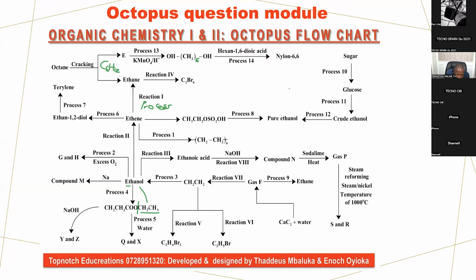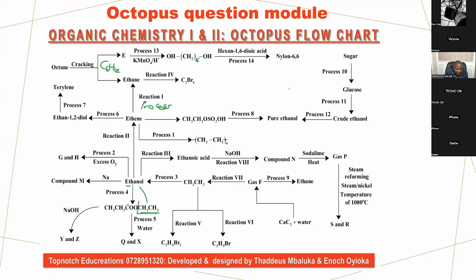This side gives you the alcohol. The alcohol you already have, which is ethanol. So for the other one, to get the name of the reagent, you just count the number of carbon atoms: 1, 2, 3, propanoic acid. Do we understand? Good.